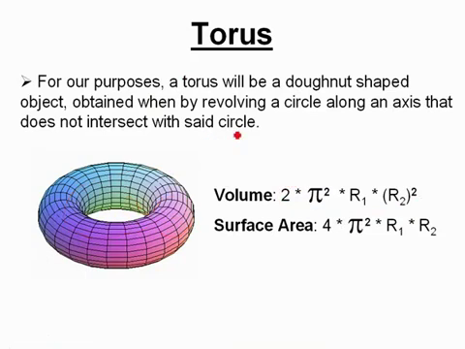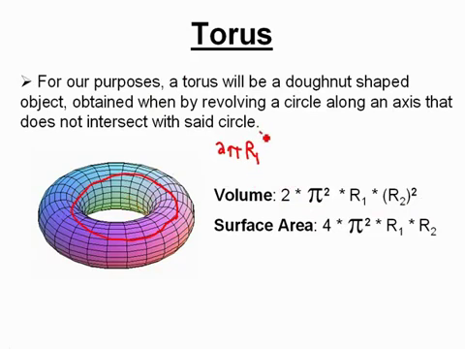If you went from the center of each circular cross-section and did the circumference of the torus like that, then if it's from the center of every cross-section, you'd have 2 pi R1.